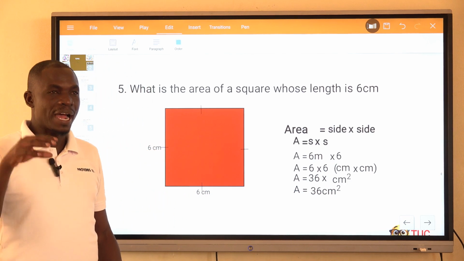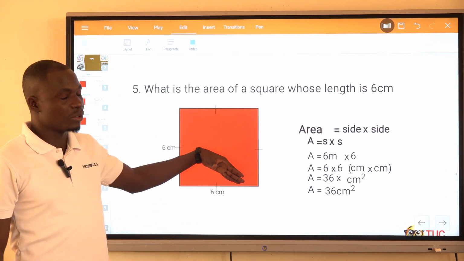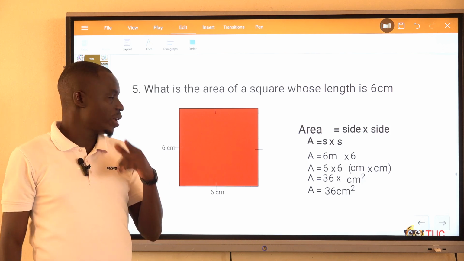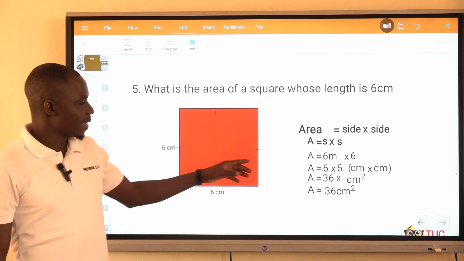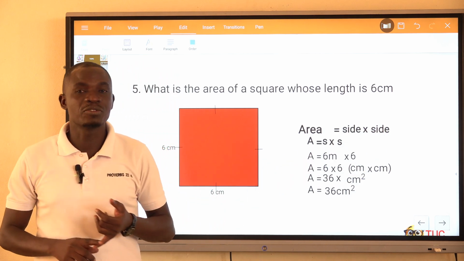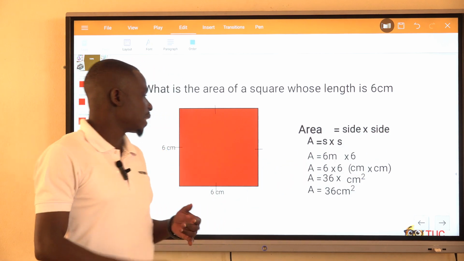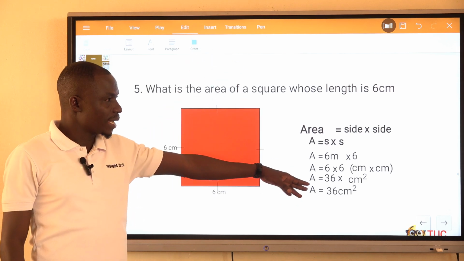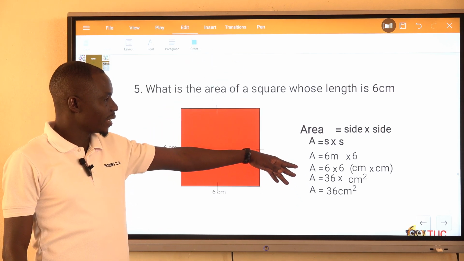Now, as you're going to do activities, the one we are going to give you, plus any other question you find, not every time they will give us centimeters. Sometimes they give you dm, which stands for decimeters. Sometimes they give you meters.